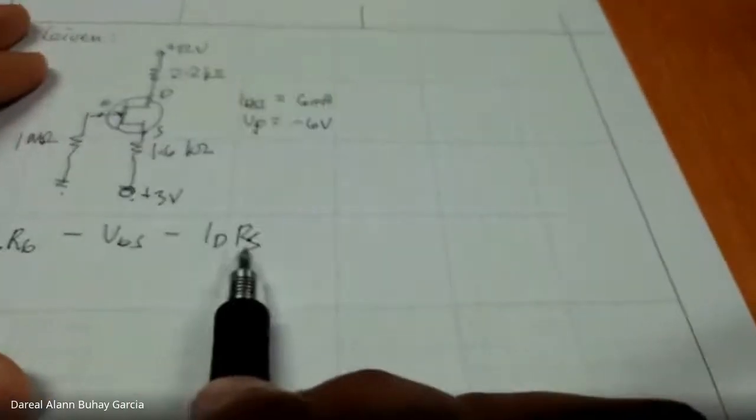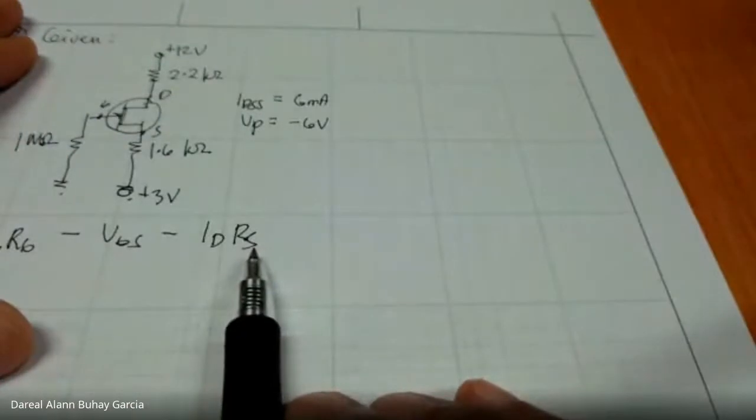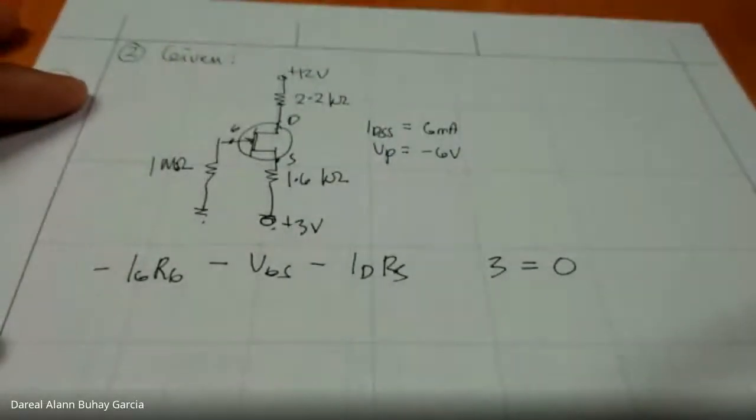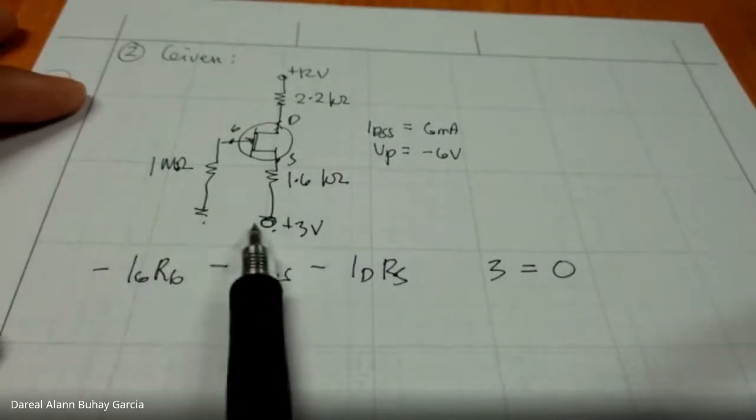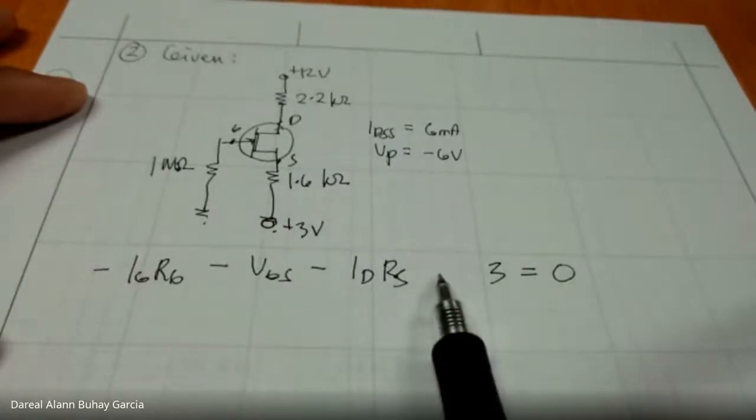Next. What do you think? Plus or minus 3 volts? So, dili daan, posibilita masayop. Minus 3.